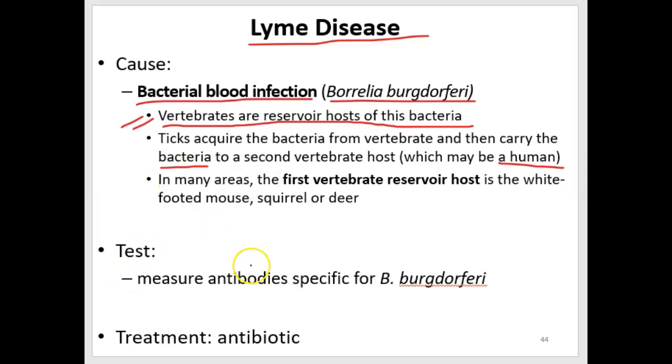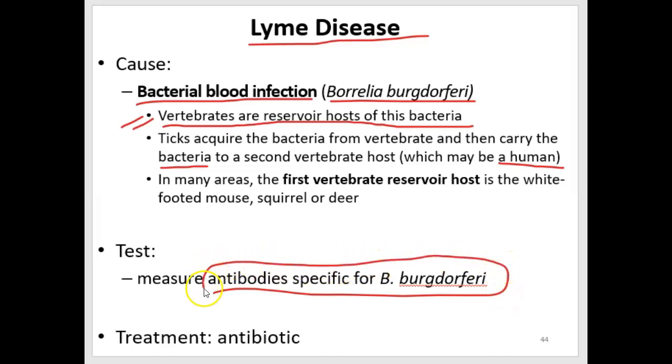So the bacteria causes problems in the human, whereas it might not have done so in the original vertebrate host. What happens in the human is that antibodies specific for that bacteria start forming. Your immune system is reacting to the presence of Borrelia burgdorferi, and your B lymphocytes make antibodies in response. So this is usually the test.